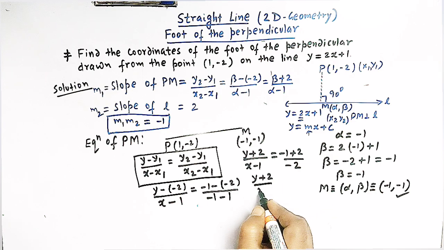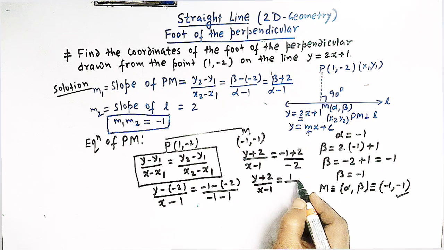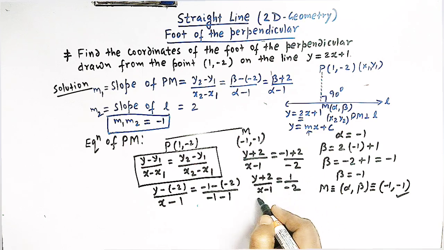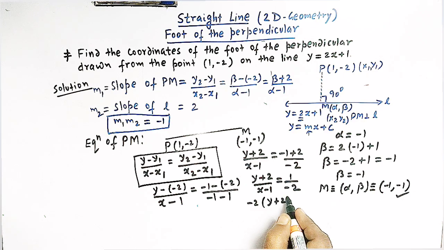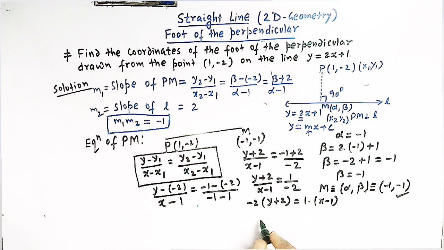And we can further solve it. Y plus 2 over x minus 1, that is 2 minus 1 is 1, and here we have minus 2. Now cross multiplying here, we have minus 2 times y plus 2, then we have 1 times x minus 1. So we have minus 2y minus 4, and then we have x minus 1, right? So now we can rearrange the terms.